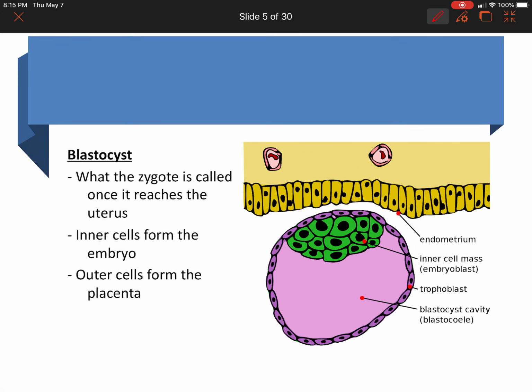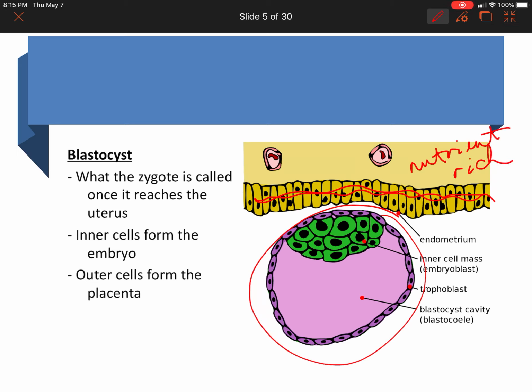The blastocyst is what the zygote is called once it reaches the uterus. You can see here this is the blastocyst, and this is the endometrium, which is the lining of the uterus. This would be a nutrient-rich lining, and the blastocyst is going to attach itself to the endometrium.